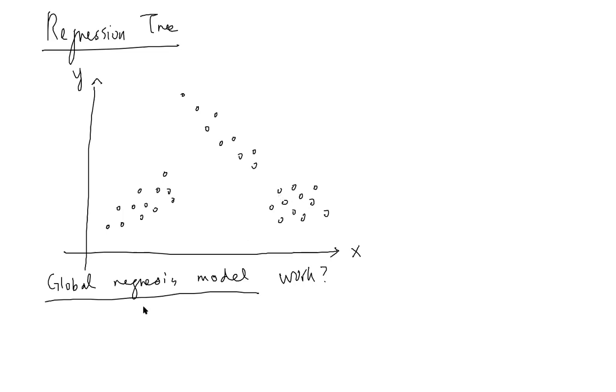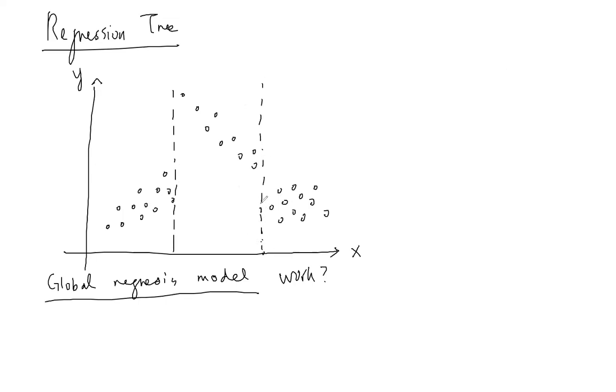No, impossible, right? But how could you still use the idea of a linear model and get good fits? Separate into some other regions. Great. So the idea is to find splits, right?